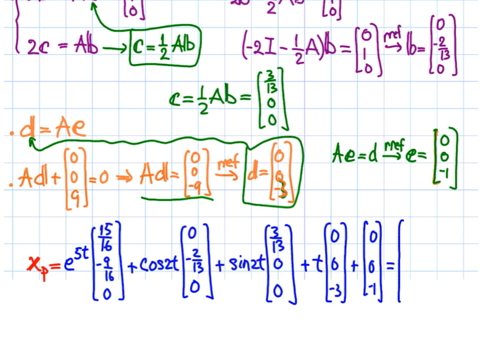And put all of that together, we will have 15 over 16 e to the 5t plus 3 over 13 sine 2t.